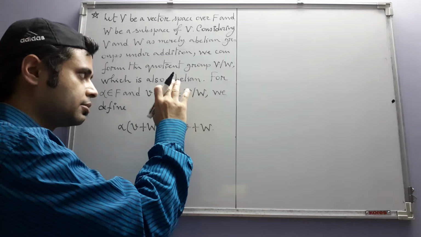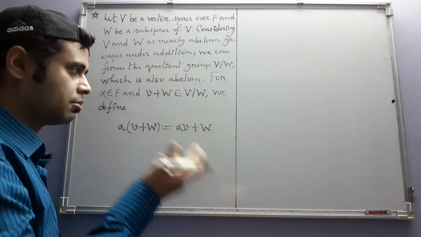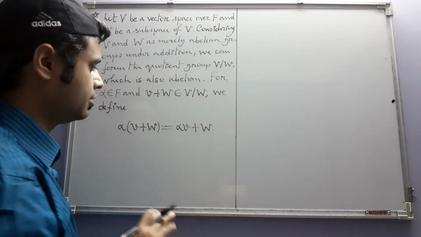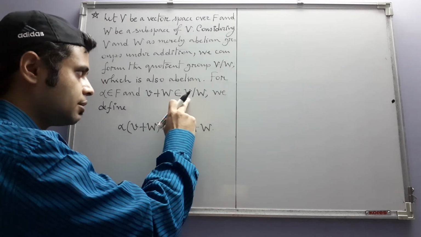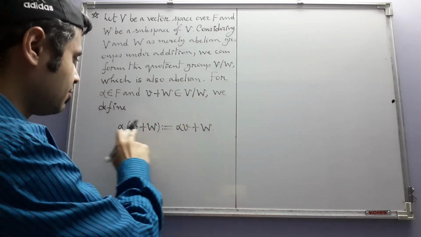You have to understand that when we say it's a group, it's under that addition that it has. So v is an element in this vector space and alpha is a scalar.